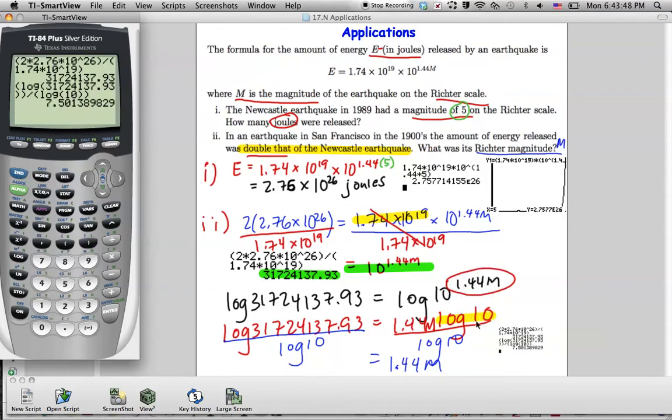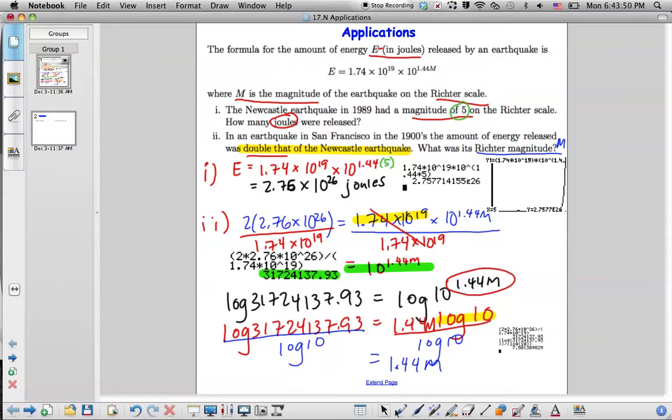And we get 7.5014. And I'll divide by 1.44. Back to our calculator.